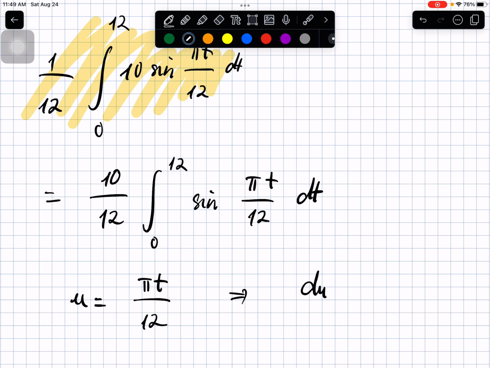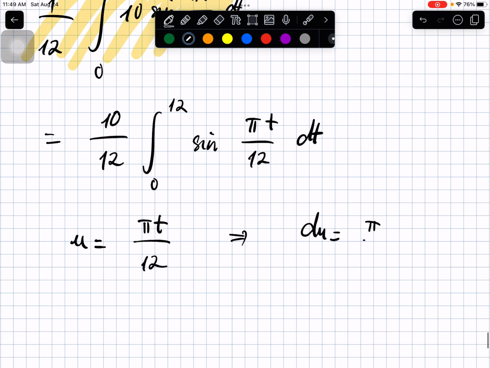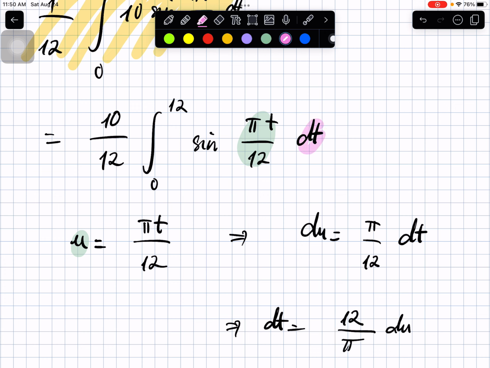So du is pi over 12 dt. Okay, so this is sine of u, and dt is 12 over pi du.